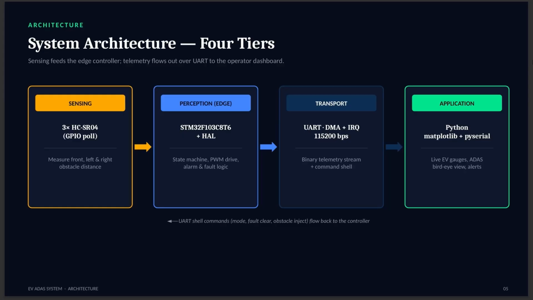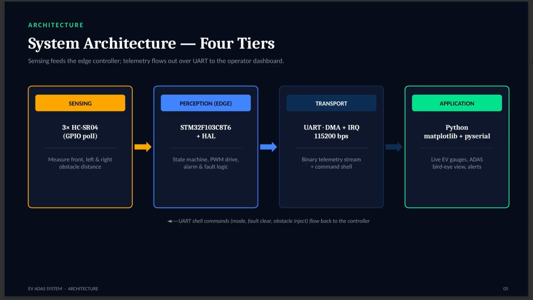And that's it. System architecture: first is sensing, next we have perception, next is transport, next is application. Application is the Python dashboard, where we have used the matplotlib library.